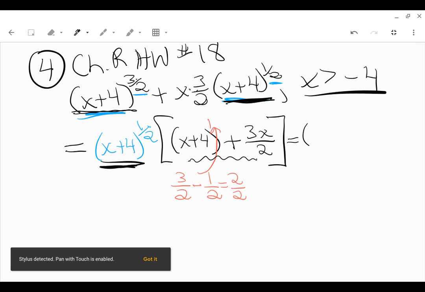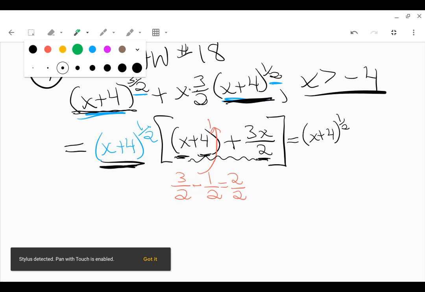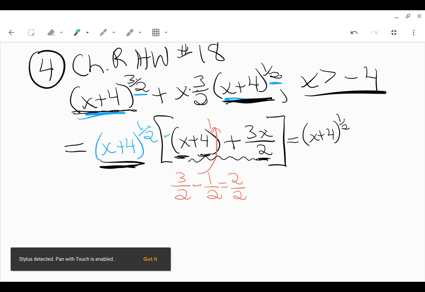So I've got that same old x plus 4 to the 1/2 outside. Now, adding the expressions that are inside, notice that this one's over 2. So if I want to combine these terms, x plus 4 plus 3x over 2, I need a common denominator. So I'm going to take the x and multiply numerator and denominator by 2.